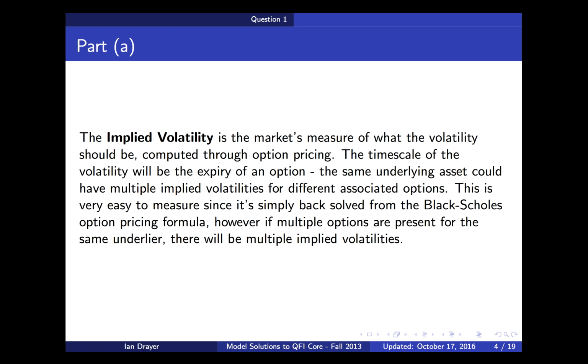And so the same underlying asset could be said to have multiple implied volatilities based upon the option, or the derivative, that we're considering when computing this implied volatility. It's very simple to compute the implied volatility. We just take the Black-Scholes option pricing formula and back solve out what is the volatility that makes the formula hold true.